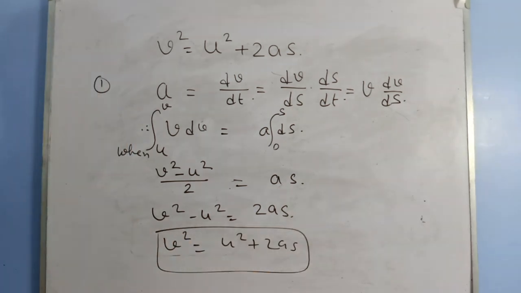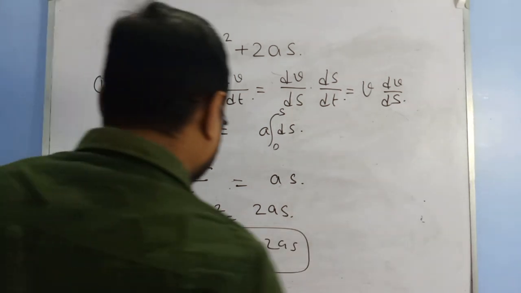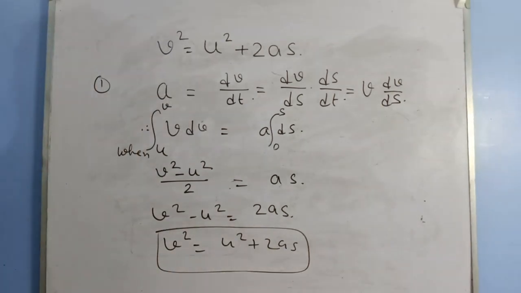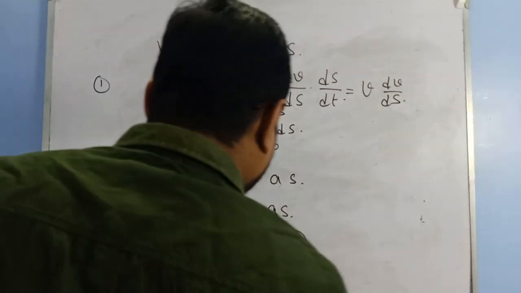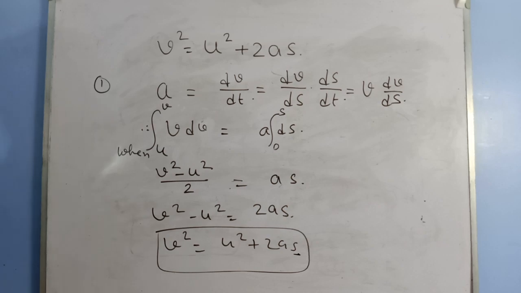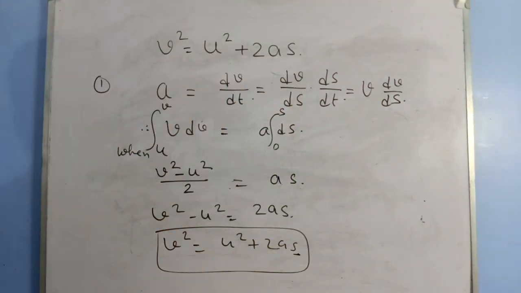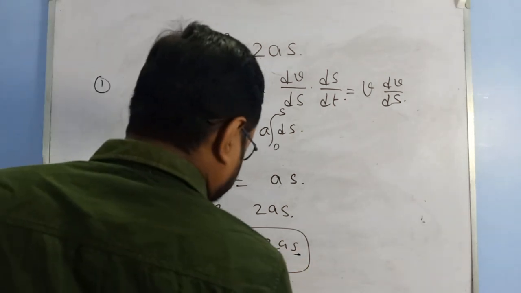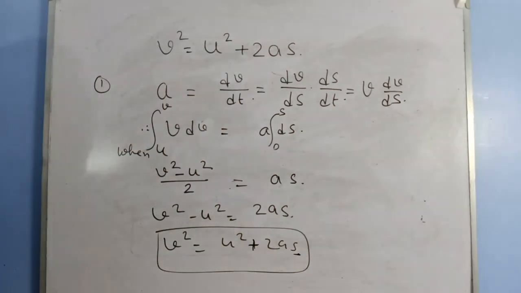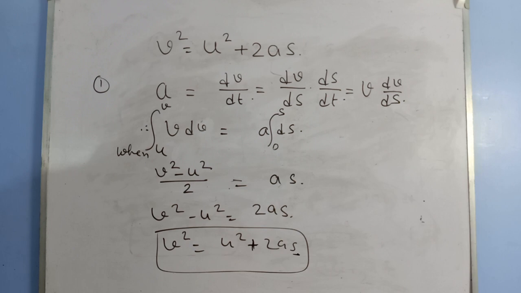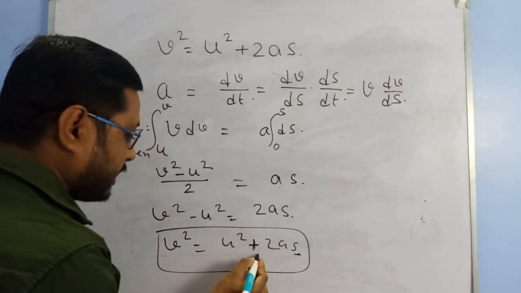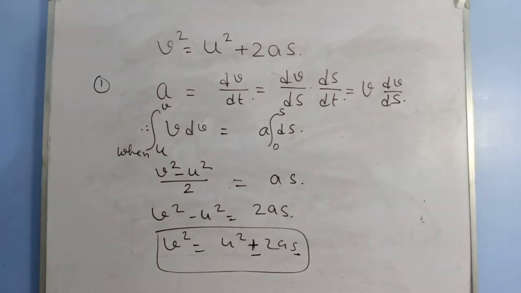How easily it can be proved. This is also the relation to find the distance when time is not known. If the particle goes with uniform acceleration, then it is v square equal to u square plus 2as, and if it is uniform retardation, then it is v square equal to u square minus 2as.